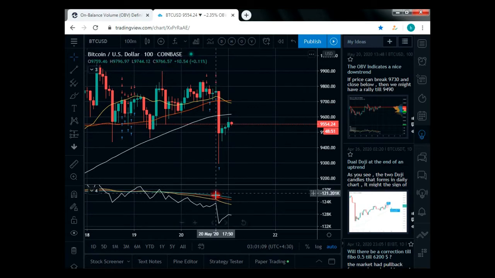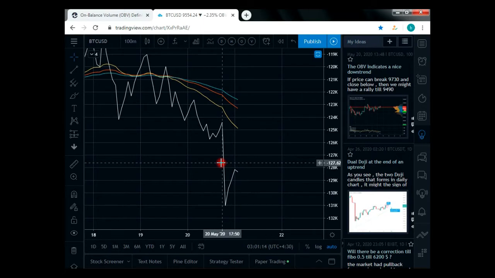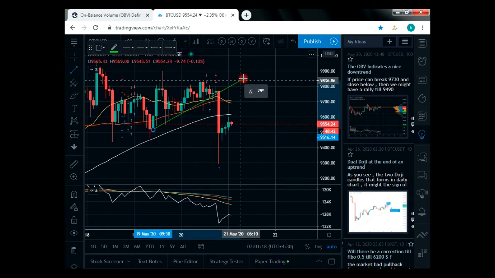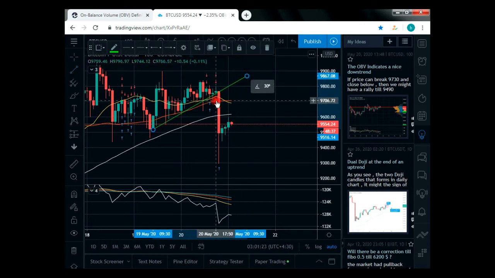As you can see, if I focus on unbalanced volume, the trend was upward until here. Where I traded, as you can see here, I sold half a Bitcoin at 9,772.25.